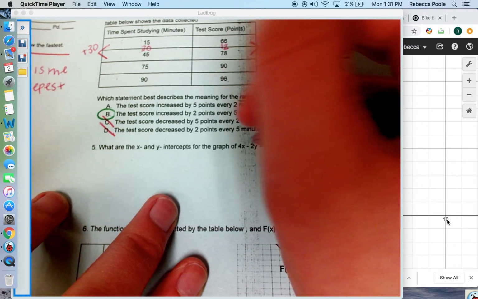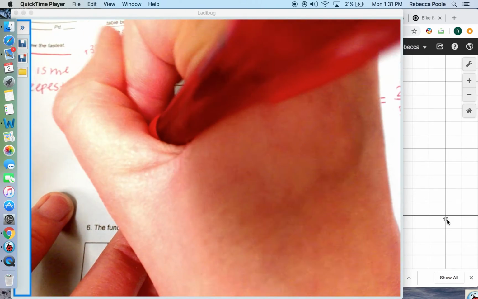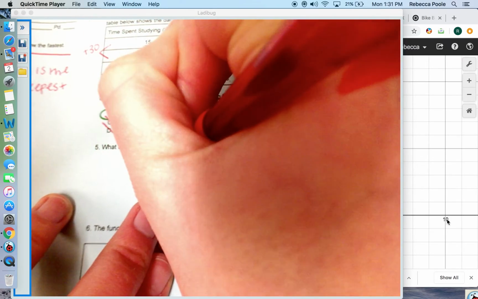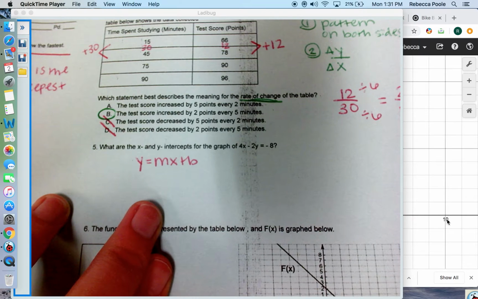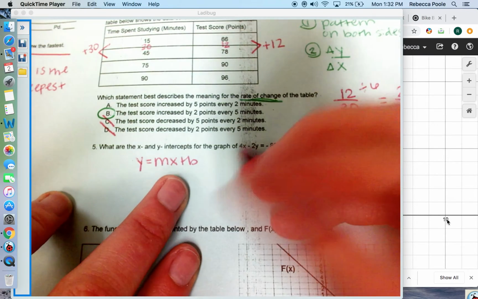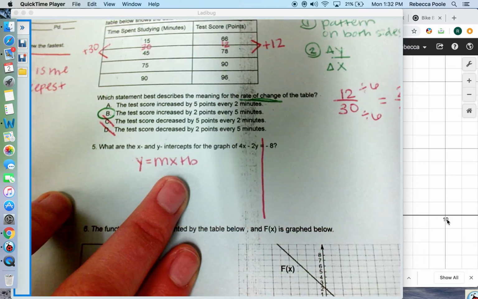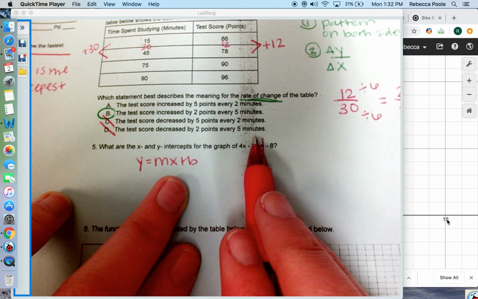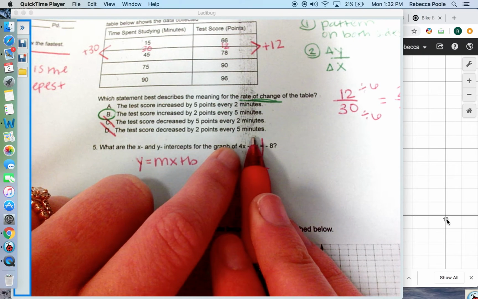In order to graph this, I have to get it in y equals mx plus b. All right, so for me to get this in y equals mx plus b, I need to get y by itself. So I'm going to draw my wall and cover up my y. We need to move this 4x.